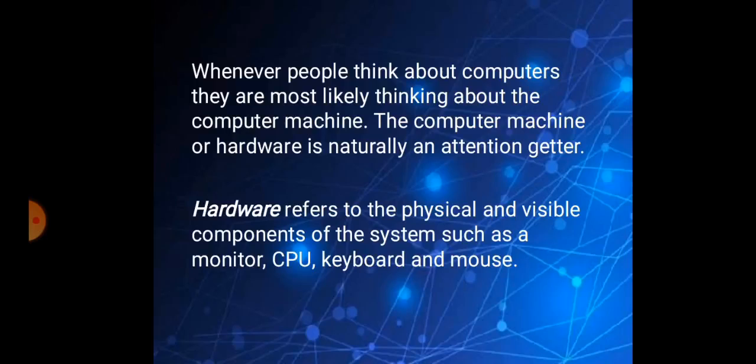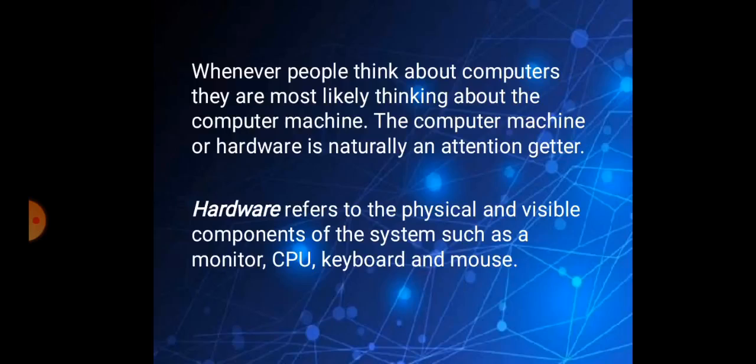Examples are the television-like monitor screen, the keyboard to type on, the printer which produces copies of text and graphics material, and the computer housing called the box, which contains the electronic parts and circuits, such as the central processing unit that receives or stores data and directs computer operations. The computer machine or hardware is naturally an attention getter.